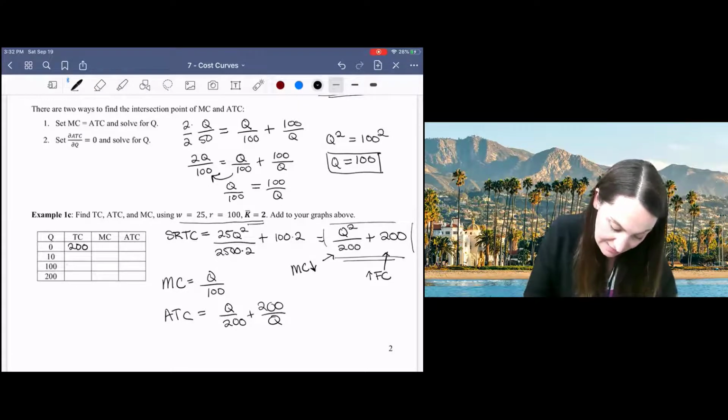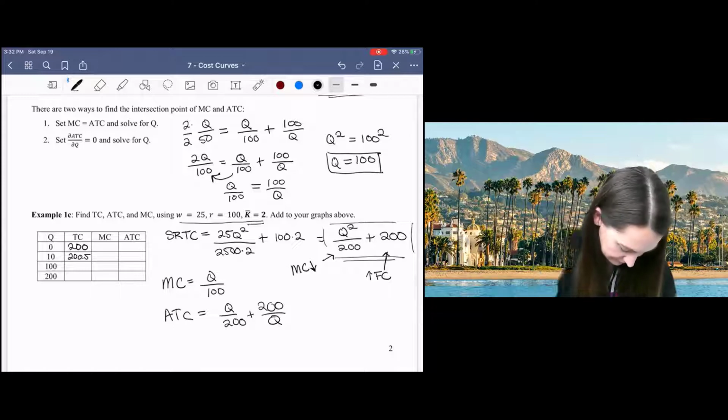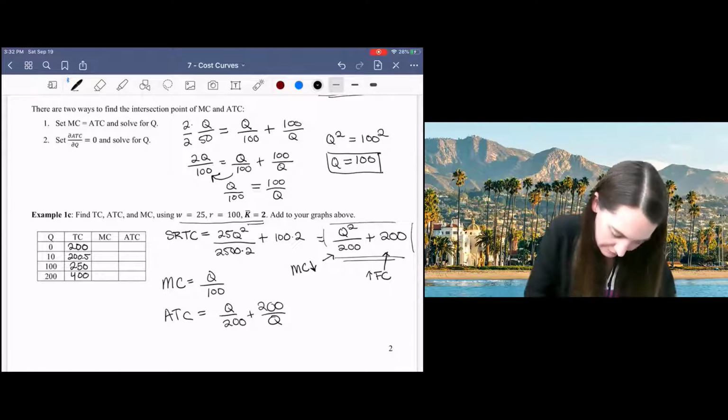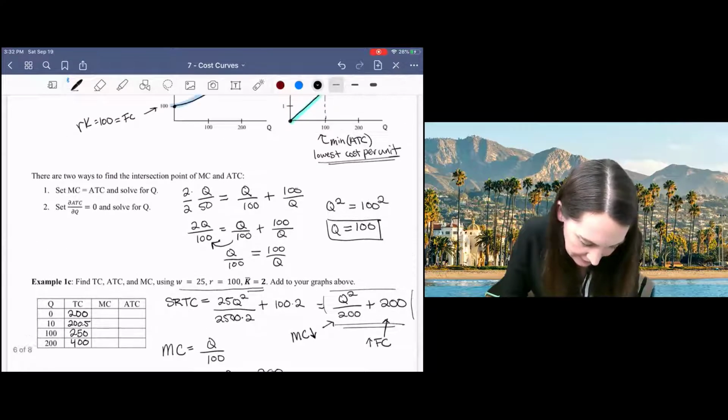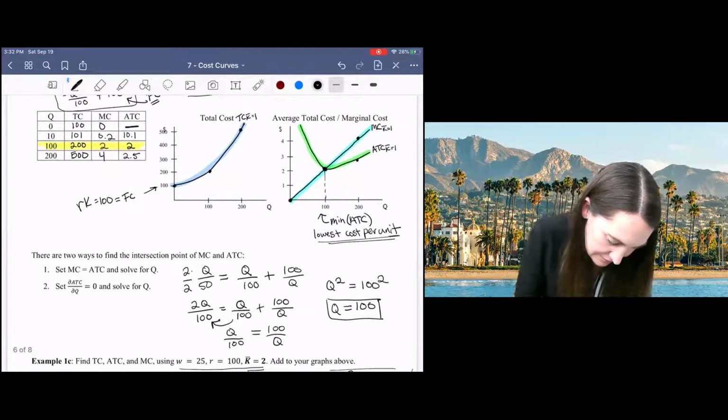At 10, I've got 200.5. At 100, I get 250. And at 200, that's going to give me 400. So I can plot that on the graph up here.